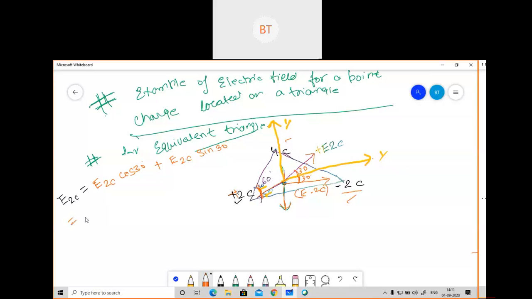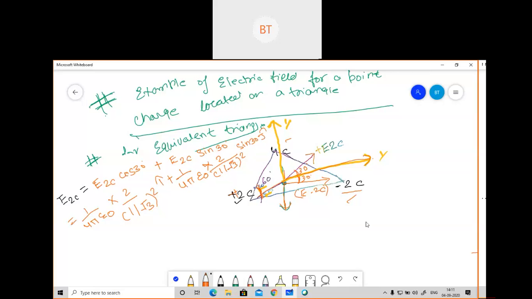So if I have to write those values, what can I write here? 1 by 4 pi epsilon naught into 2c I am talking about. So I'll write here 2, and the side I have already taken is 1 by root 3 whole square. Then since the arrow should be in this direction, the positive direction, I will write i cap plus 1 by 4 pi epsilon naught into 2 upon 1 by root 3 whole square into sine 30 j cap.